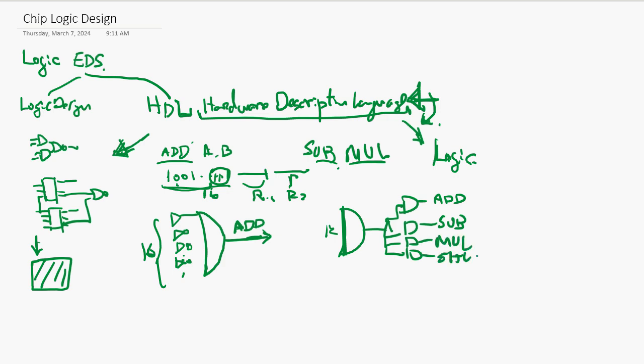Okay, so this way you reduce the amount of logic. Usually the instruction unit is not time critical, so you have plenty of time. There's an extra stage, two stages, to do it, to reduce the logic.